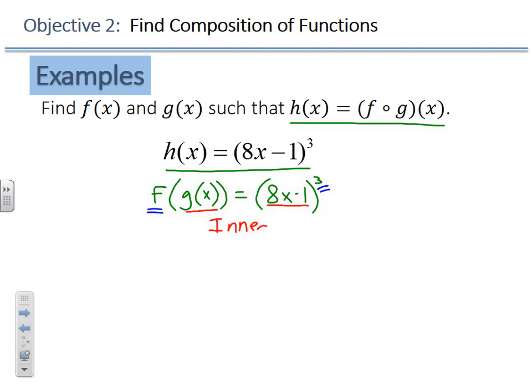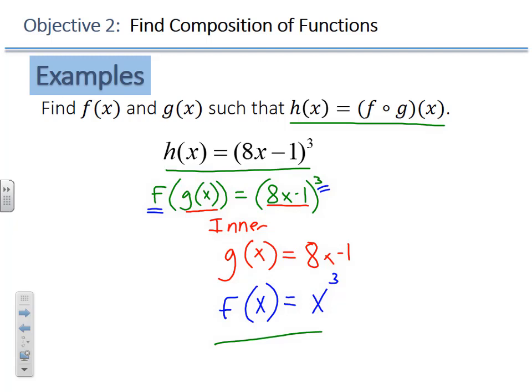And so we can conclude that our inner function, g of x, is equal to 8x minus 1. And we can also conclude then that our outer function simply takes our input and cubes it. And that's that.